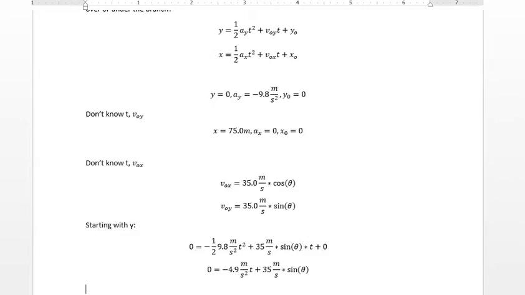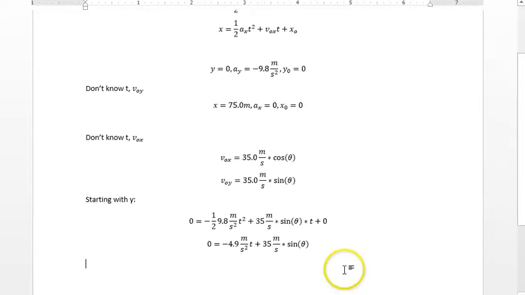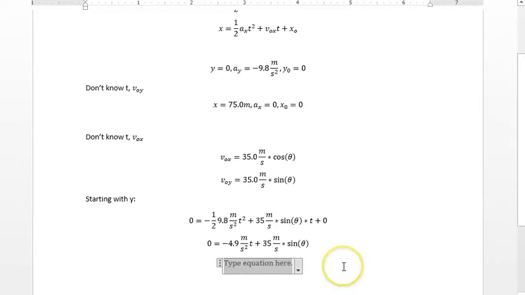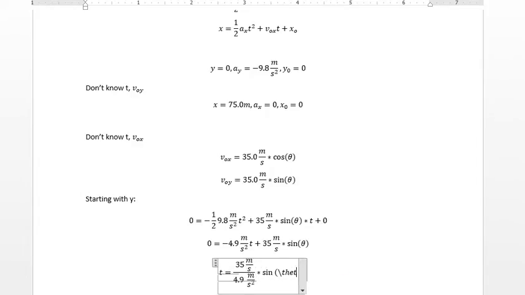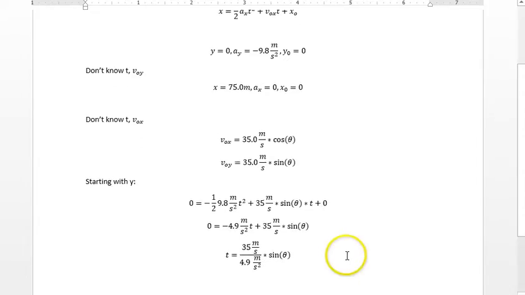All right, and we can solve for t. t is 35 meters per second times sine of theta divided by 4.9 meters per second squared. That's t.